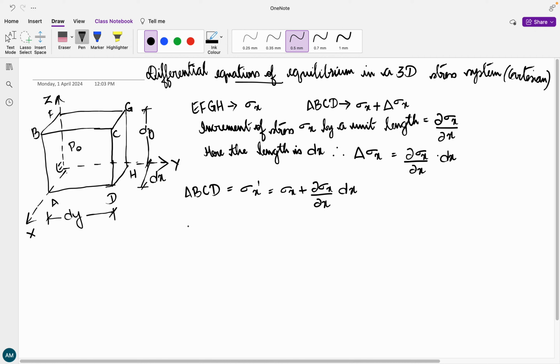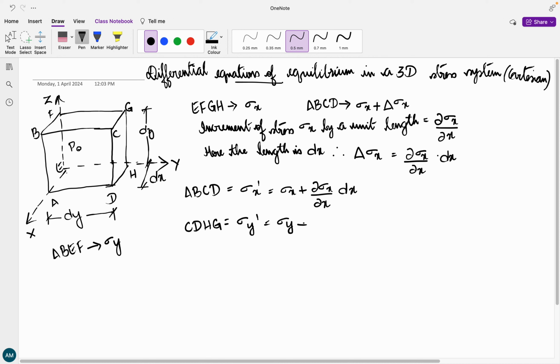Similarly, I have considered the face C, D, H, G. On the face B, A, E, F, for this particular face in the X and Z plane, it is going to be sigma Y. So for face A, B, E, F, it is going to be sigma Y. For C, D, H, G, let us call it sigma Y dash.